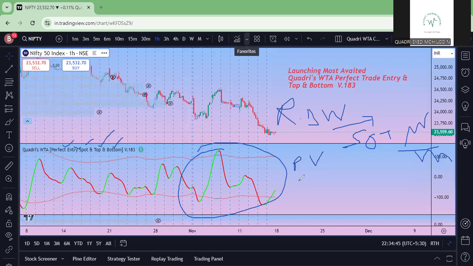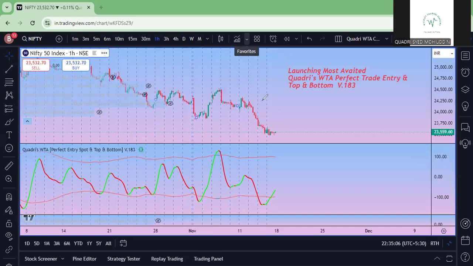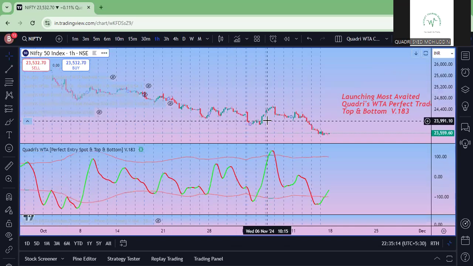No RSI, no MACD, no stochastic, no money flow index, and no OBV, on balance volume, or any other thing is taken into consideration while making this tool. So this tool will give you more than 75 to 80% accuracy when it comes to defining the tops and the bottoms. And once the top and the bottom is defined, what to expect next?